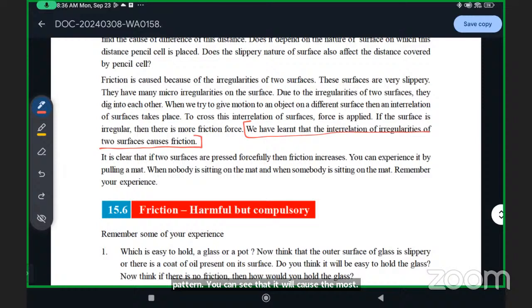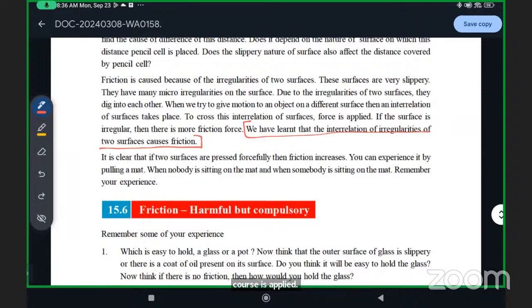Very good, Abraham, that is perfectly right. So irregular surfaces cause friction in the opposite direction to where force is applied.